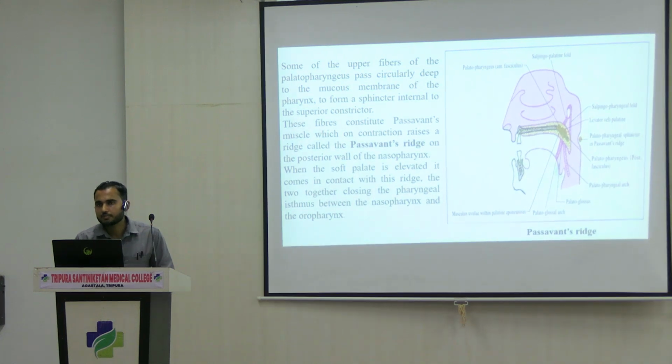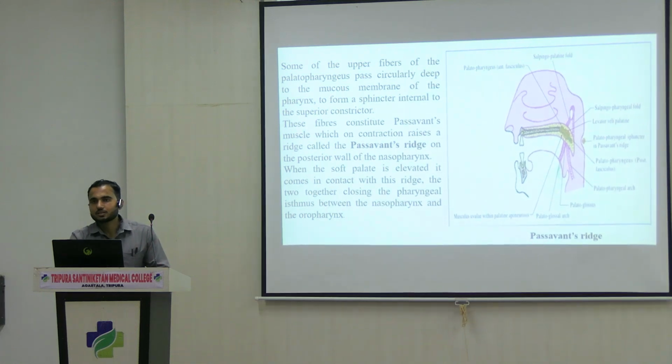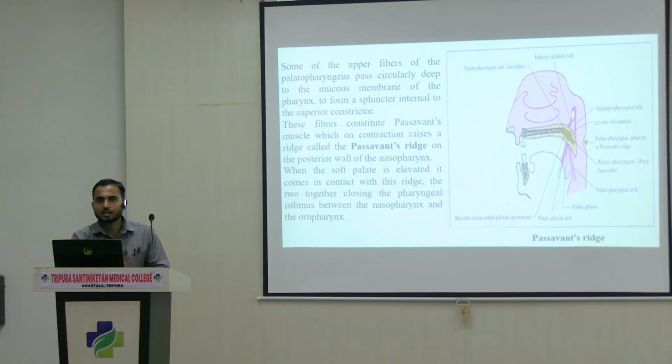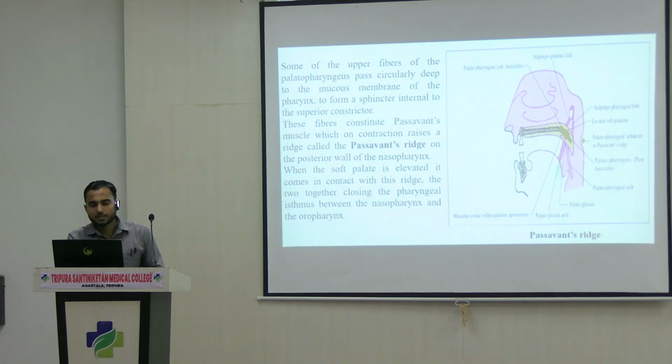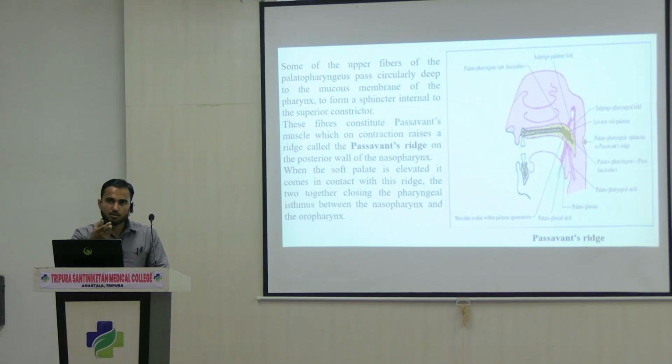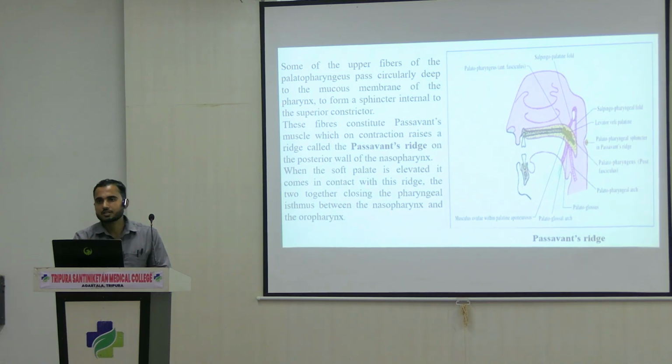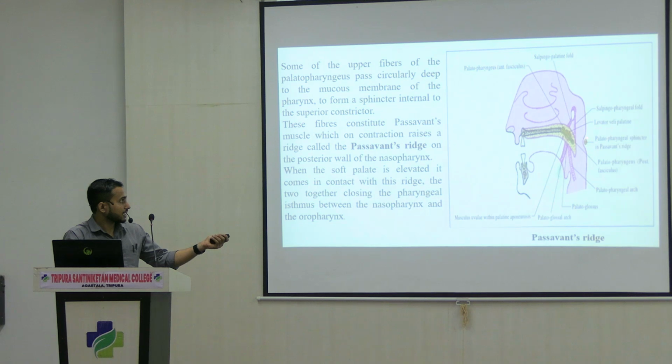Some fibers of the palatopharyngeus pass circularly deep to the mucous membrane and form just like a constrictor, like a sphincter, which is situated deep to the superior constrictor muscle of the pharynx. Whenever the fibers contract, a ridge-like structure will be formed and raised, and that is called the Passavant's ridge, as you can see in the diagram.